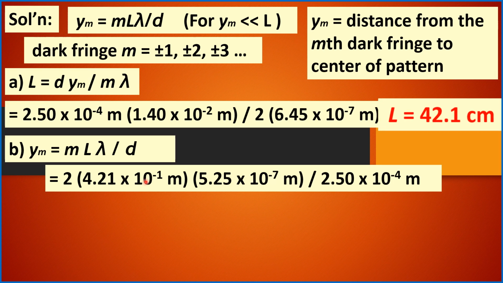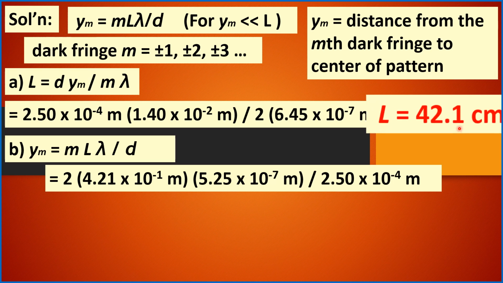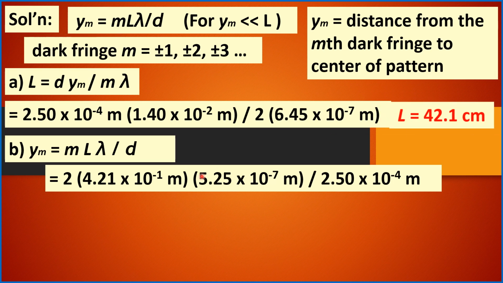Again, substitute this value of L that we just obtained, converting it to meters already. 42.1 centimeters is just the same as 4.21 times 10 to the negative 1 meter.